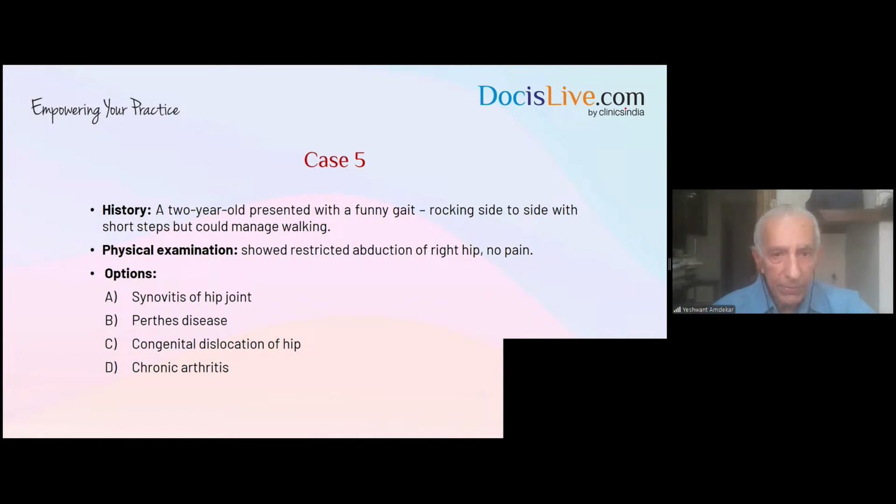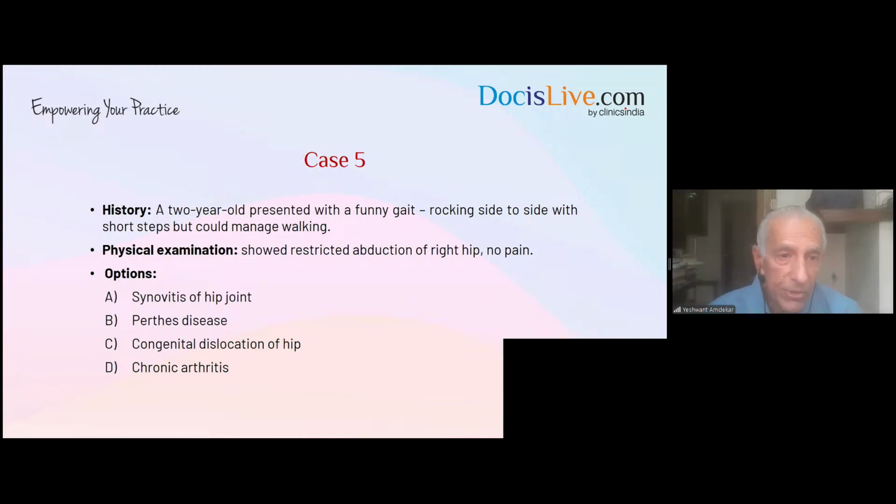There was no pain. So he is having a waddling gait to keep up his center of gravity, and he has a restricted abduction of the right hip. The right hip cannot be abducted, and this is painless.